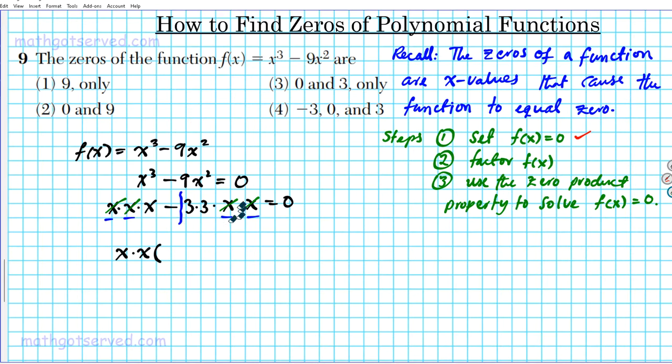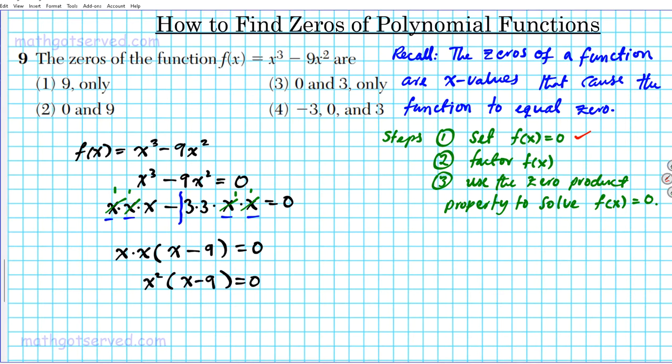We're dividing the left side of this equation by x times x. When we carry out that division, they're just left with 1 and 1. We're going to be left with x minus 3 times 3, which is 9, equals 0. Let's multiply the GCF that we factored out, which is x squared times x minus 9 equals 0.